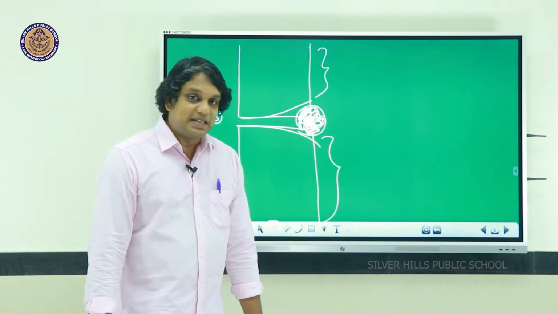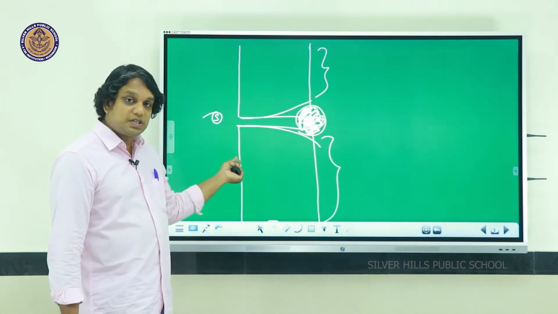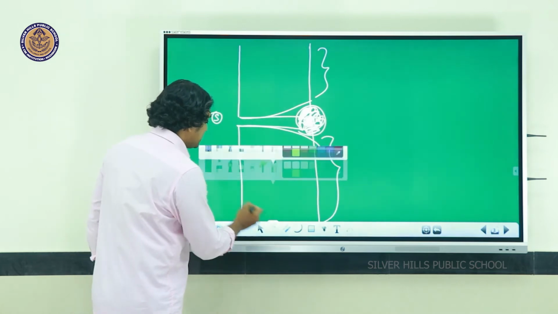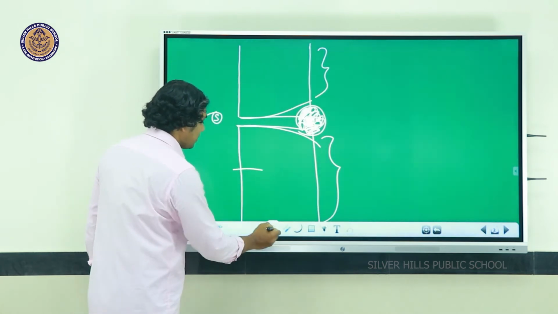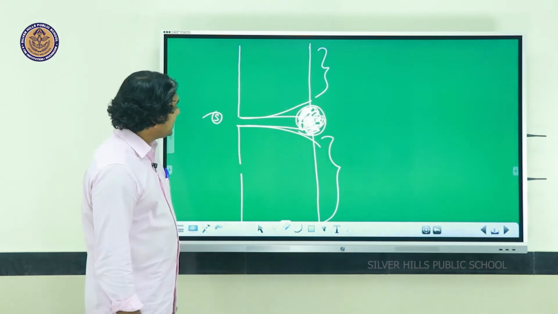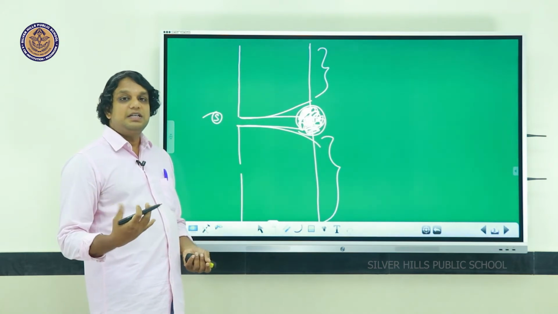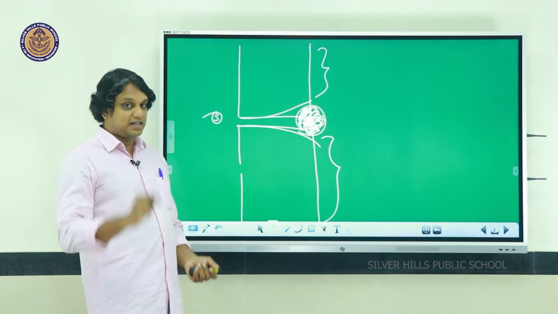So how to explain that? And in the case of a double slit, suppose you make one more opening here, then also we get alternate concentric bright and dark circles.